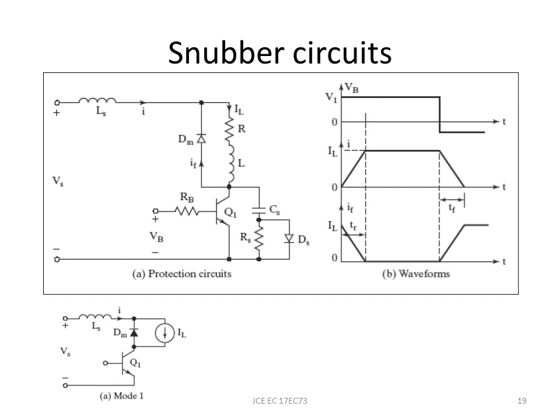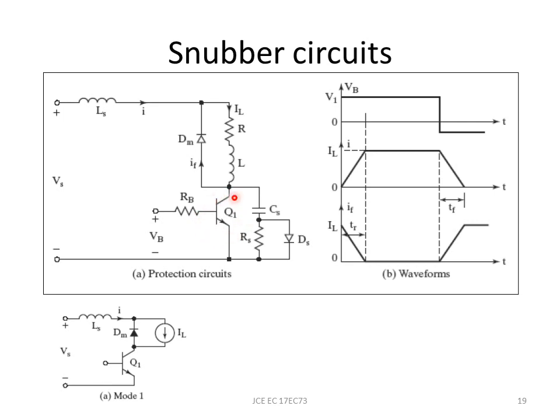Okay, so now let us look at the snubber circuit. Snubber circuits are circuits which are needed to protect the power devices. Which is the power device in this particular circuit?